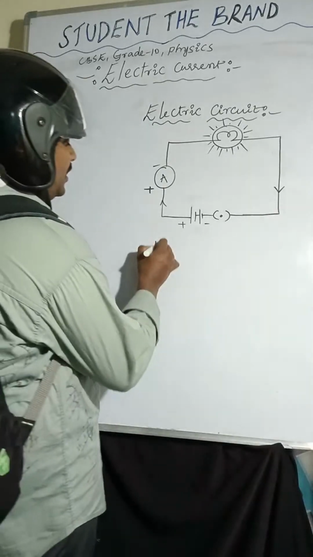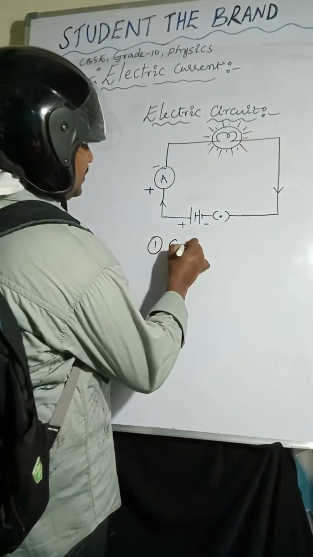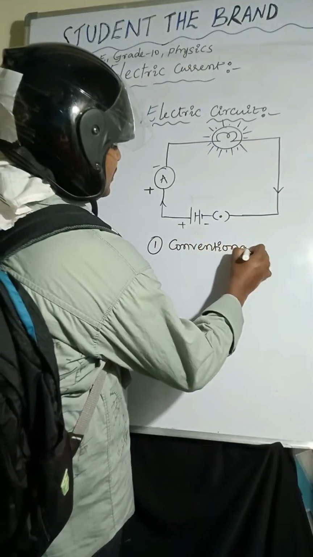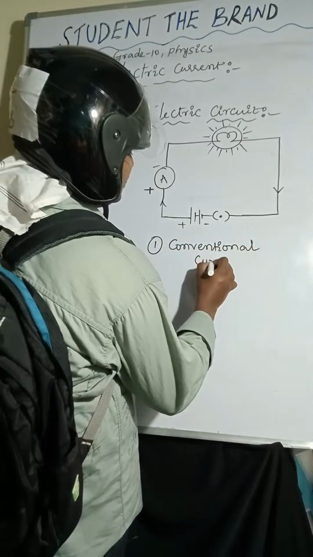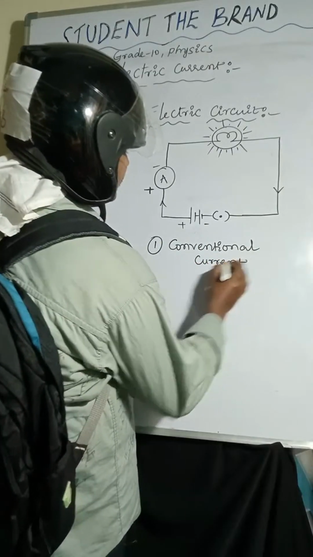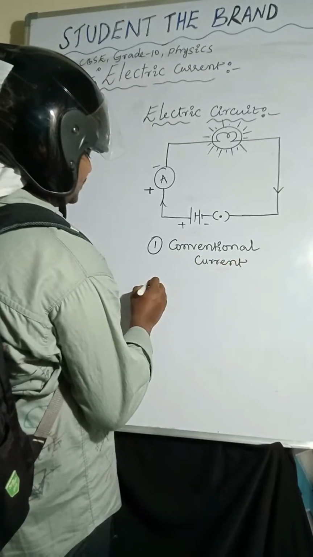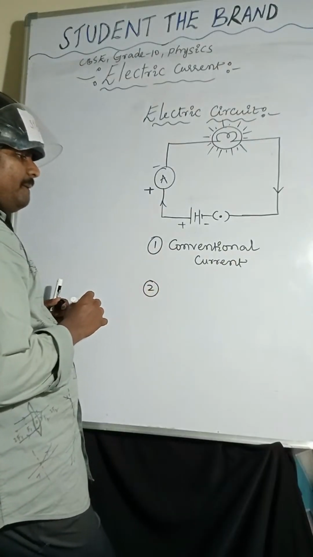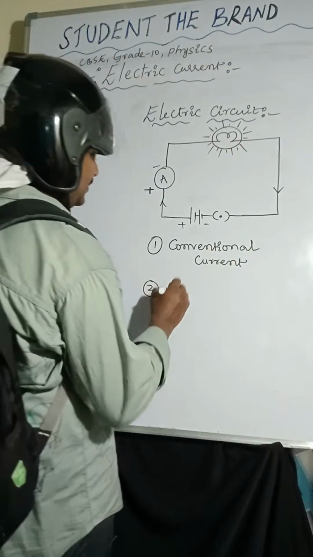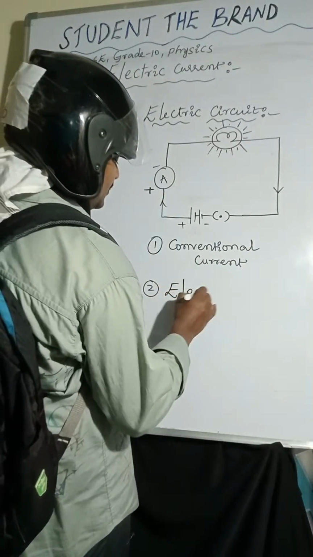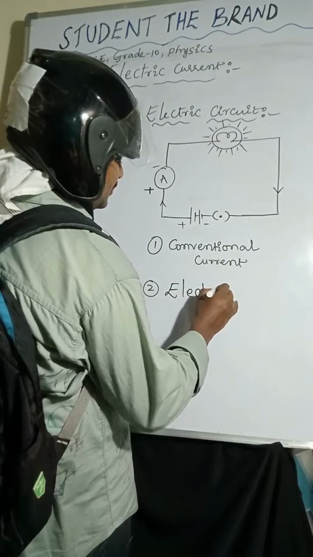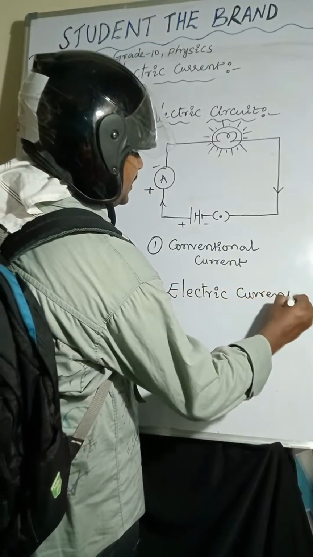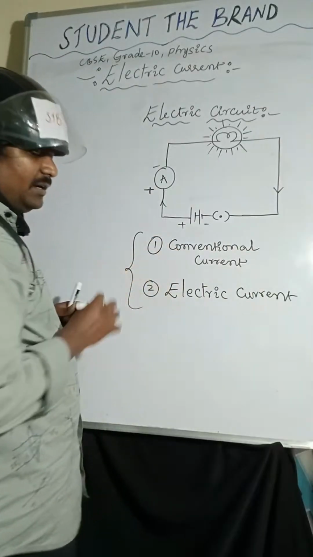Here, point number 1, conventional current, and second one is electric current. Sir, what is the difference between conventional current and electric current?